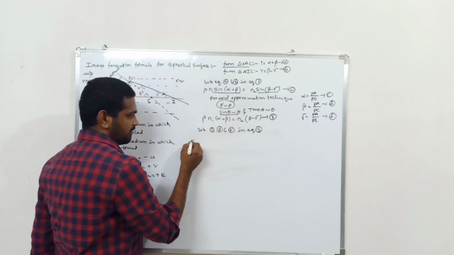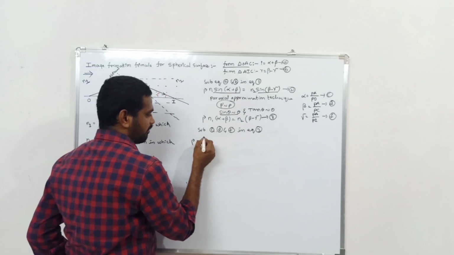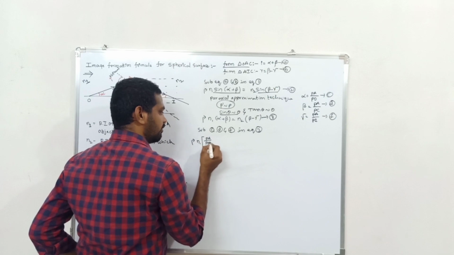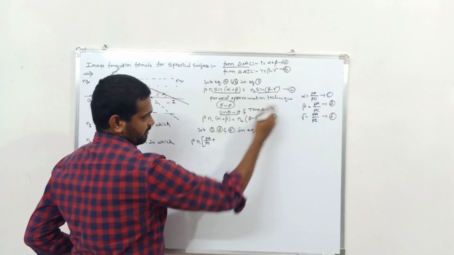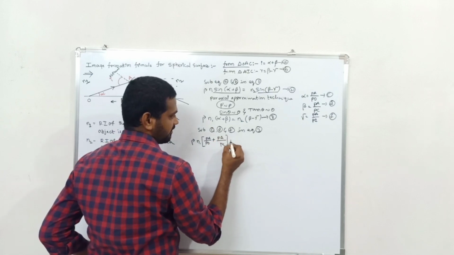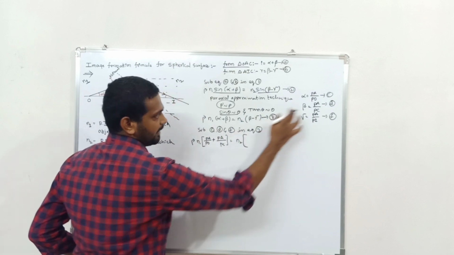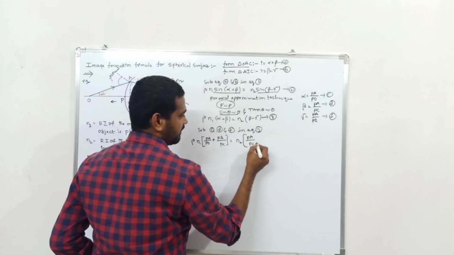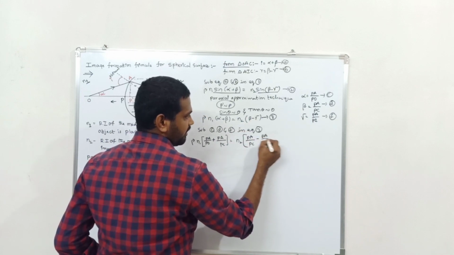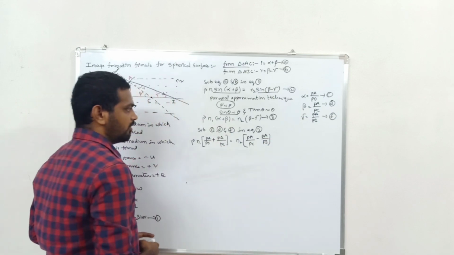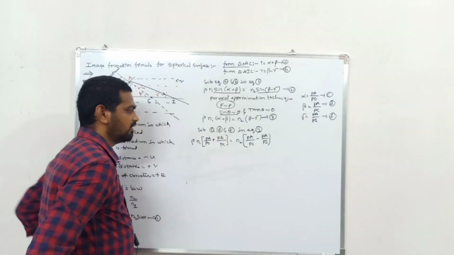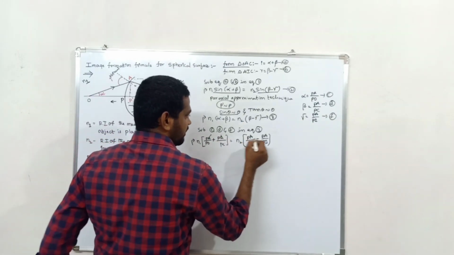What will you get? n1 in place of alpha you need to write PA by PO, plus in place of beta you need to write PA divided by PC, which will be equal to n2 times of beta, PA divided by PC, minus gamma. Minus is there, that's why I kept minus here, PA by PI. If at all you observe all the numerators, in all the numerators you will get PA as common. Directly I am striking out that. So in all the numerators PA will get cancelled.